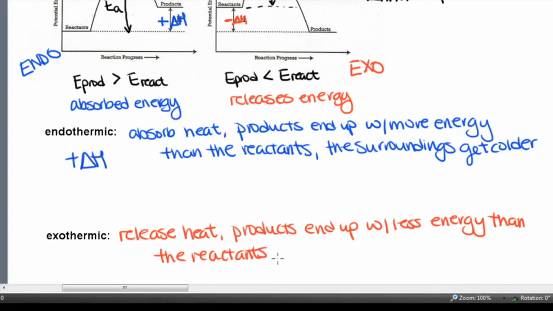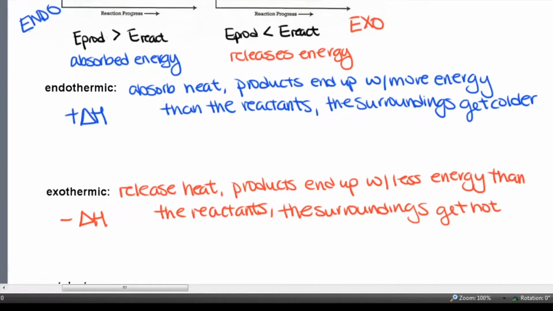If that energy is being released by the reaction, the surroundings are gaining energy, and thus they get hot. They feel hot. We have a negative delta H.